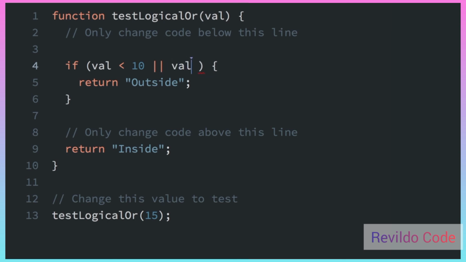So I'm going to put val is less than 10 or val is more than 20 here. So now we're checking if the value is less than 10 or if the value is more than 20. Either way, we're going to return outside. And then if that's not true, we'll return inside.